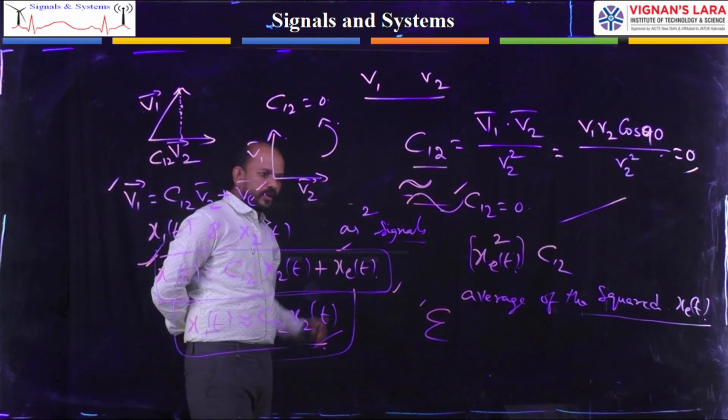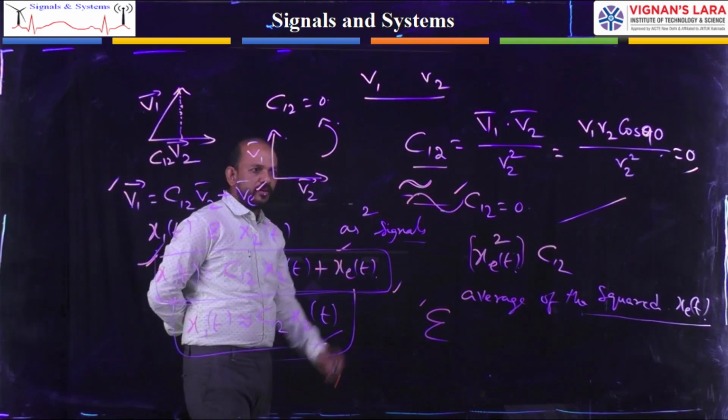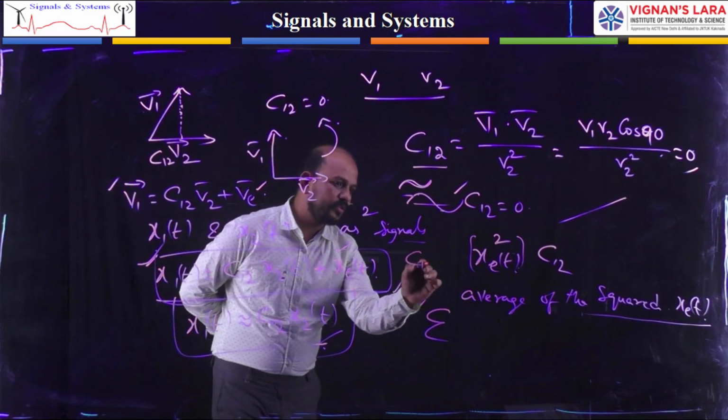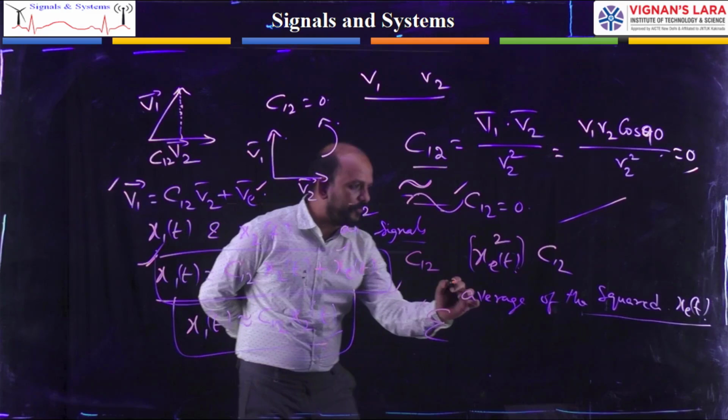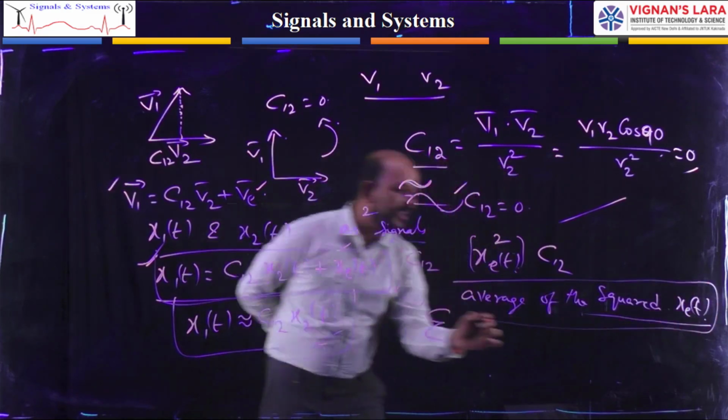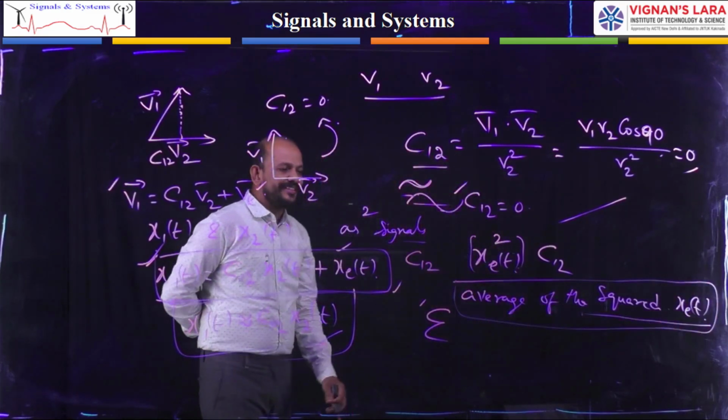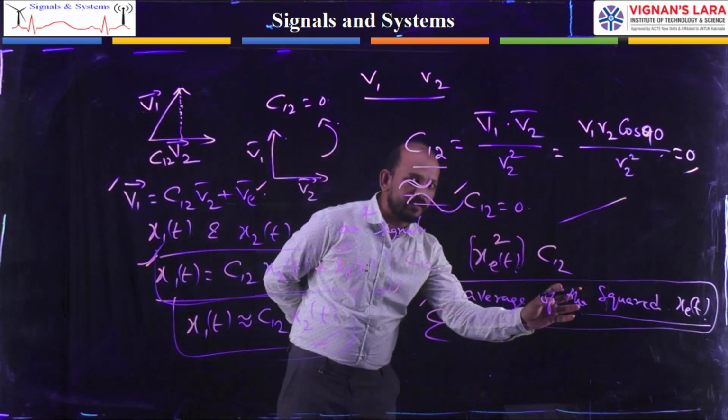Now we have to find the value of c12 such that these values are minimum, very minimum.